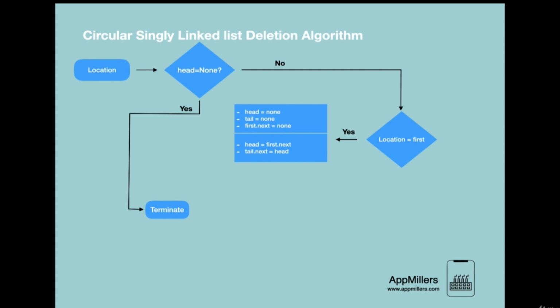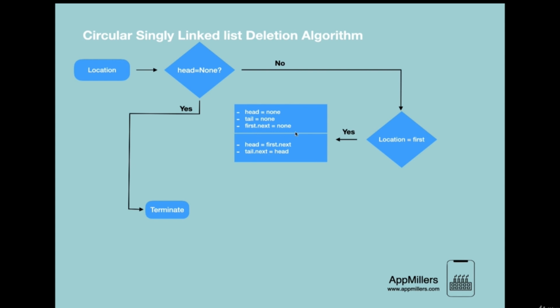We know that we have three references to this node. The first reference comes from the head, the second reference comes from the tail, and the third reference comes from itself, so it's referencing itself. Now in this case, if we set all these references to none, the node becomes eligible for garbage collection, so garbage collection comes and deletes it. So here, as the first case, we are setting all these references to none.